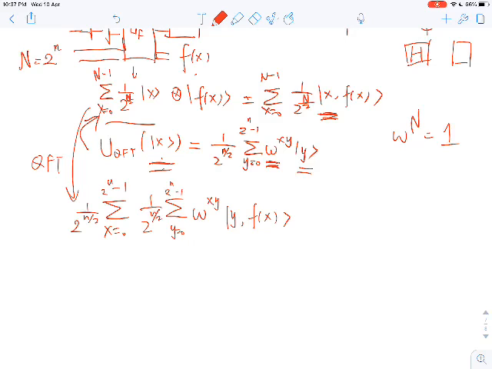Right? We would make it more clear, like this: sigma x is 0 to, actually write capital N here for more clear, N minus 1, omega to the power of xy, y, f(x). Right?